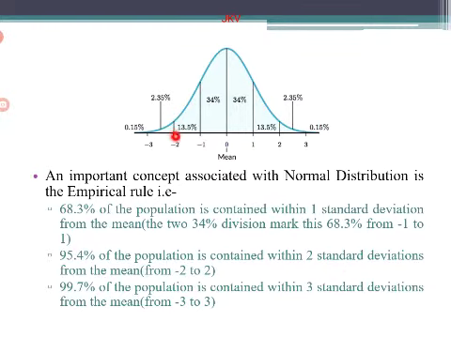So if I am taking a length from this to this, almost 95.4% of persons will come between these two points. Now 99.7% of the population is contained within 3 standard deviations from the mean. So between these two values, there will be 99.7% of the age group. So this is the empirical concept of normal distribution.